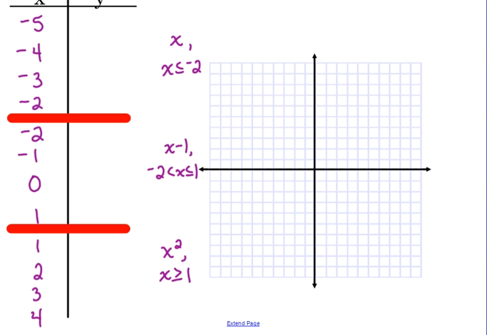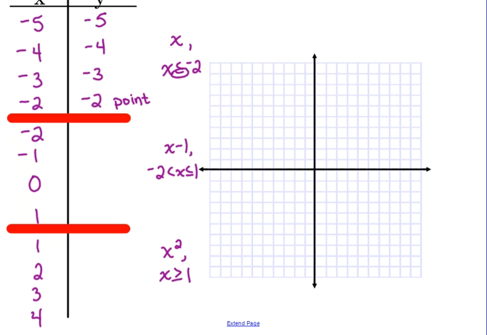Okay, so for that first part, it's just x. So our y value is the same thing as our x value. And do we have an open circle or a point at negative 2, negative 2? A point. We have a point because it's equal to negative 2.